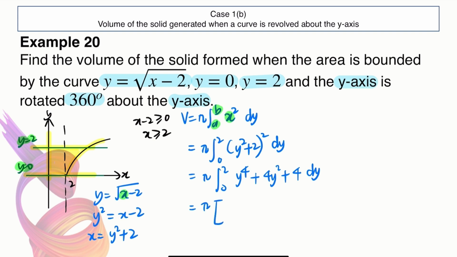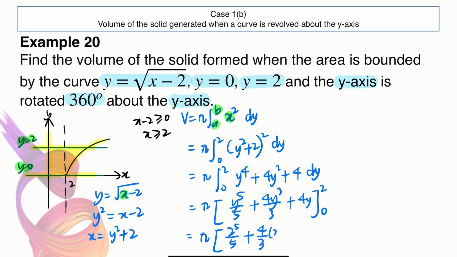We will get y to the 5 over 5, 4y cubed over 3, plus 4y. Now we are going to substitute the values of 2 and 0. Substituting 0 in here and here and here, as you can see, we will get 0. Now let's finalize our answer.